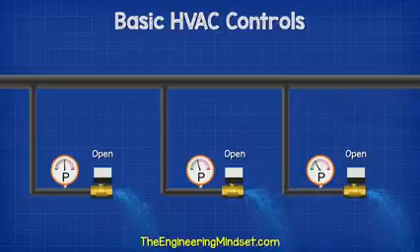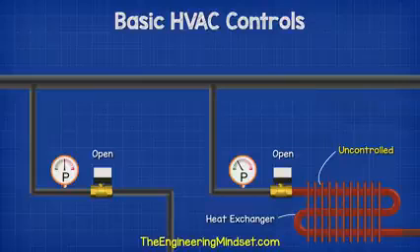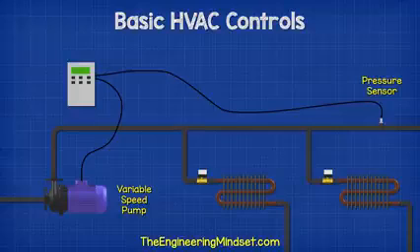That's a problem because it will increase the heat output. The valves will constantly adjust to try and maintain the correct temperature. We will therefore lose control of the system, and as the valves are working so much, they will break down much faster. To overcome this, we could install a pressure sensor and a variable speed pump.